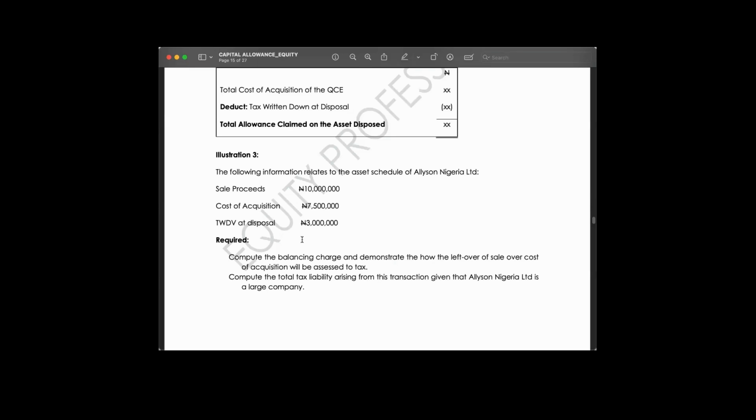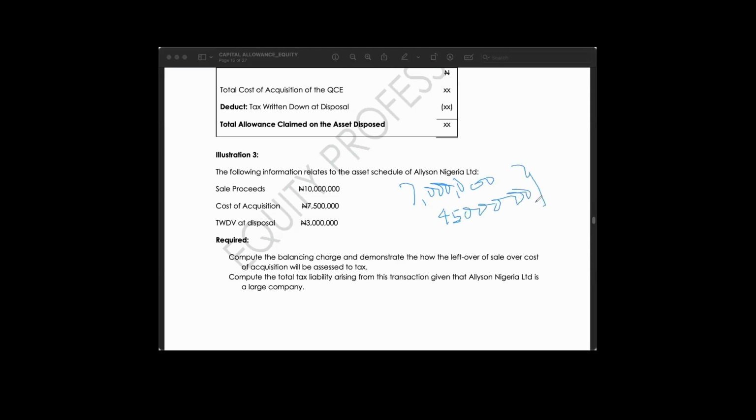You remember, our balancing charge that we first calculated was 7 million. But we said we should restrict to the actual allowance claimed on the asset, which is 4.5 million.